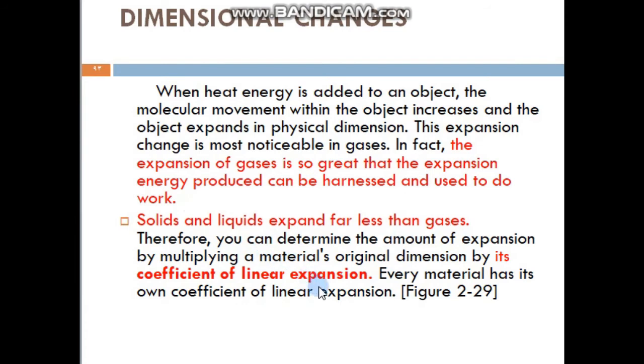Therefore, you can determine the amount of expansion by multiplying a material's original dimension by its coefficient of linear expansion. Every material has its own coefficient of linear expansion. How does that come about? We can use a formula for finding the expansion of a material, and we will see it now.